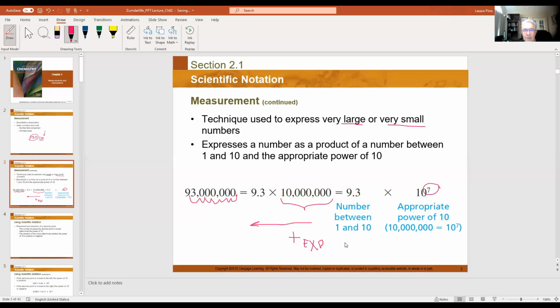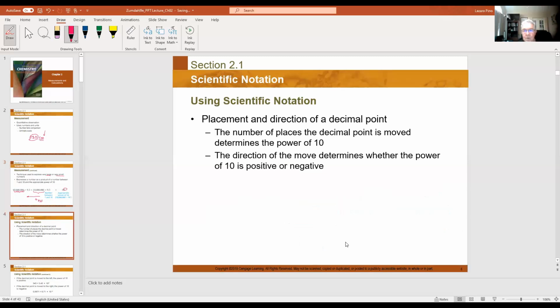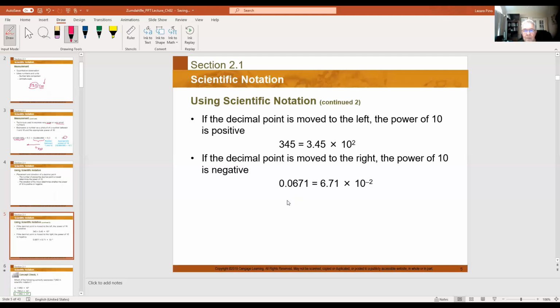In the case that your number is very small, then you move your dot to the right. For example, here you move the dot 1 time, 2 times. Always you have one number different from 0 and then the dot. And then you write the whole numbers after the 6, and you multiply by 10.